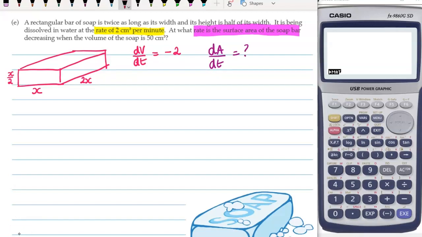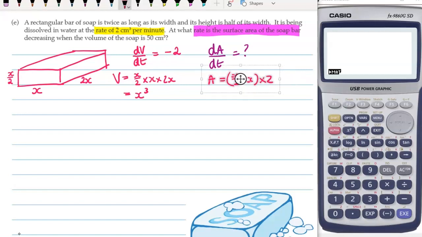Okay, now let's get some formulae for the volume and area. So volume is going to be x over 2 times x times 2x, so that equals x cubed. The area will be, well, if we have the front side of it there, we've got x over 2 times x, and we'll have 2 of them.